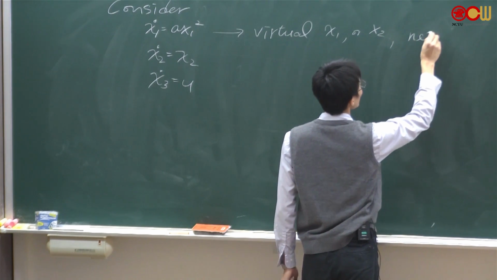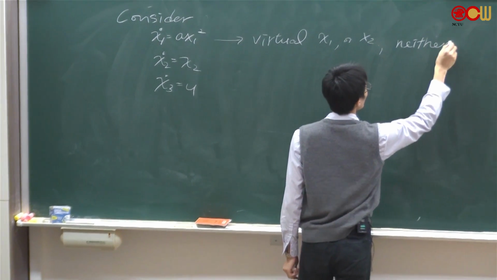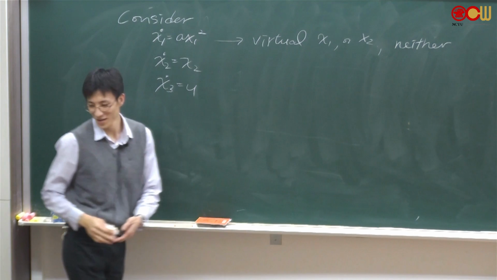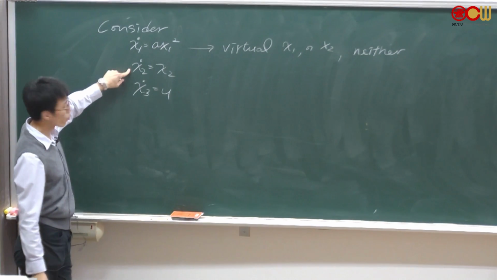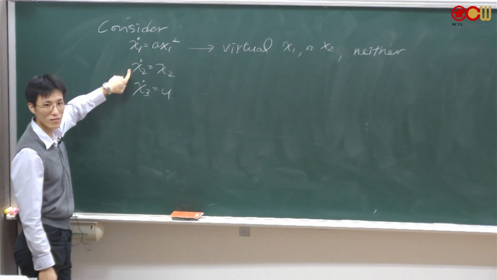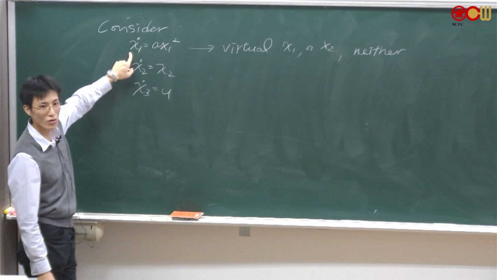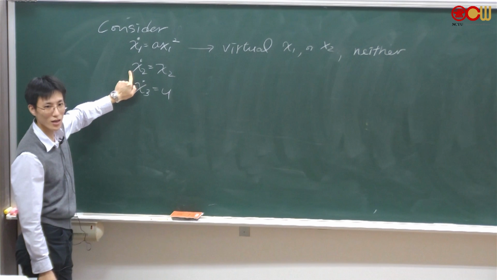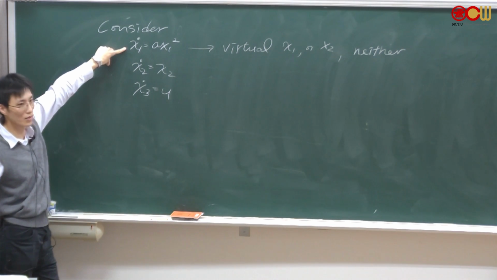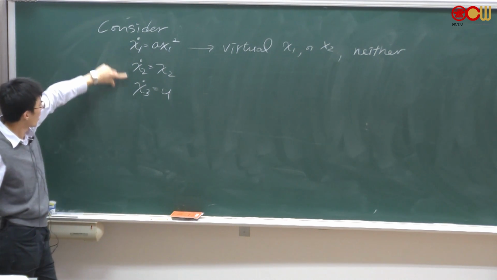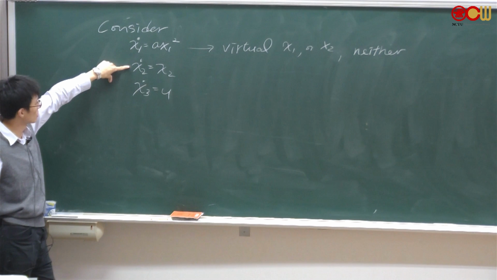Neither. If you consider X1 as a virtual control, X1 was not in the second system. There's no relation between X1 and X2, right? Can you use X2? It doesn't change the dynamics of X1, right? They don't have any relation. X3 doesn't change the dynamics of X2.